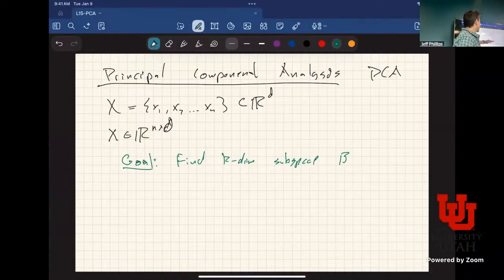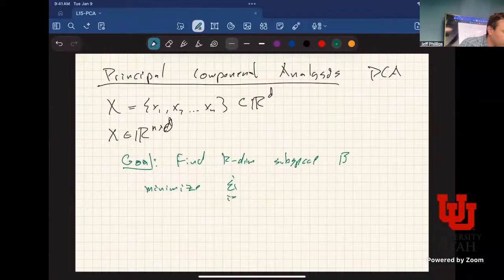So k-dimensional subspace B, where I want to minimize the sum for i equals 1 to n of xi minus the projection onto B of xi, squared.